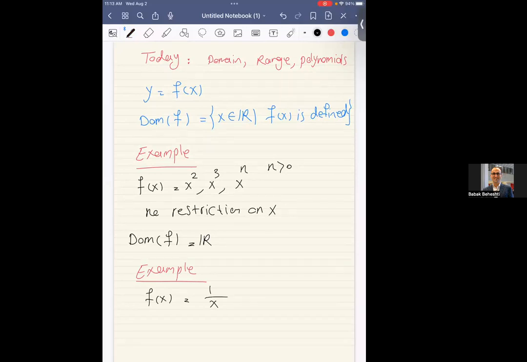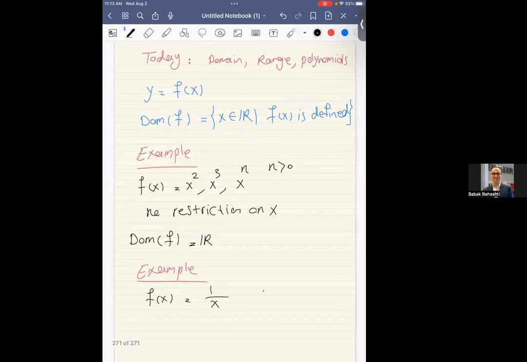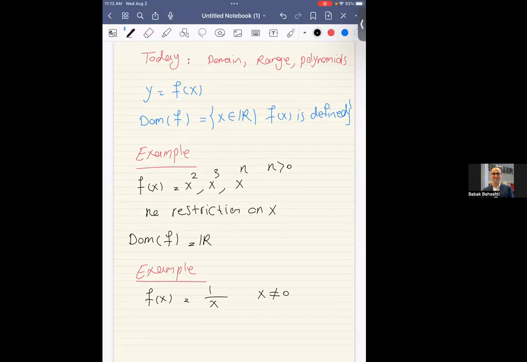And what is the restriction here? x cannot be 0. So x must be non-zero. So that means the domain of f here is the set of all real numbers except 0.